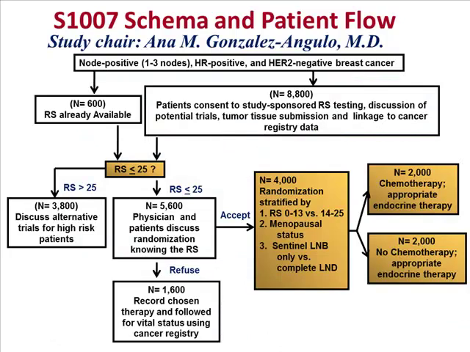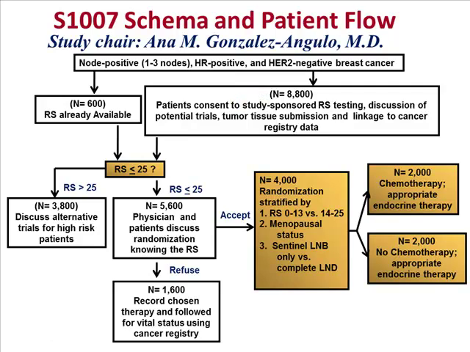But that led us to wonder whether patients who have a low recurrence score, even though they have a relatively high risk of recurrence over the next 10 years because they're node positive, might not benefit from chemotherapy. Based on that, we designed a trial. Ana Maria Gonzalez from MD Anderson is the study chair, in which patients who have positive nodes and are hormone receptor positive and HER2 negative, if they wish to participate, have their tissue sent off for the 21 gene recurrence score.